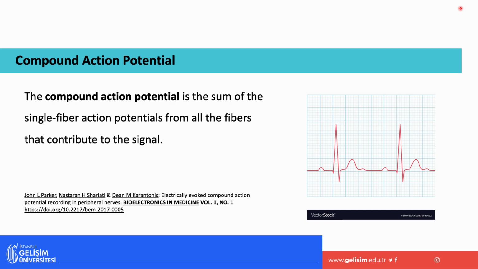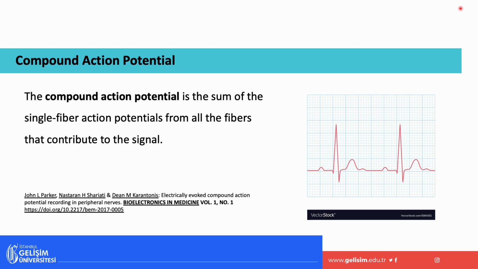Now, one of the key advantages of the compound action potential is that it can be used to study the properties of large groups of neurons in vivo or even in vitro. So for example, scientists can use the compound action potential to study the conduction velocity of nerve fibers. Again, we're talking about the speed at which action potentials move along the axon.